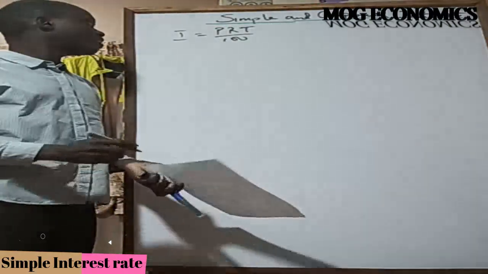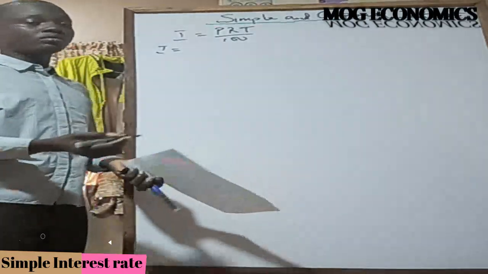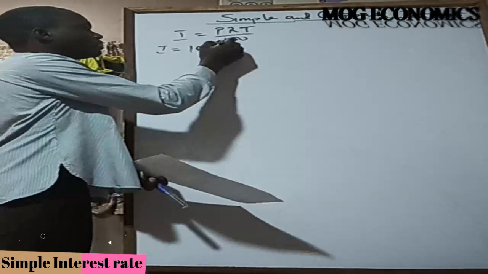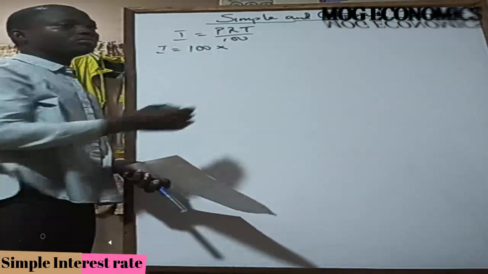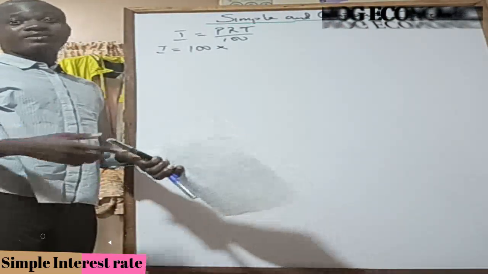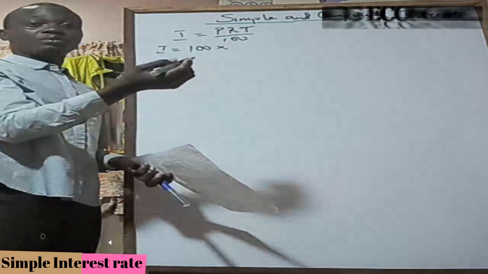Okay, so which means if I borrowed about 100 naira at the rate of, maybe, 35% interest rate. So 35% is 0.35.